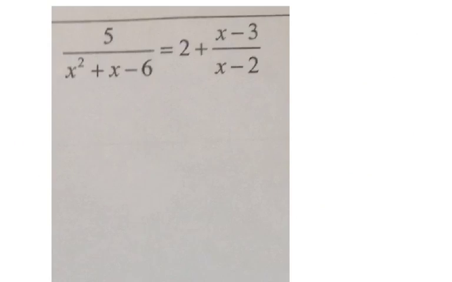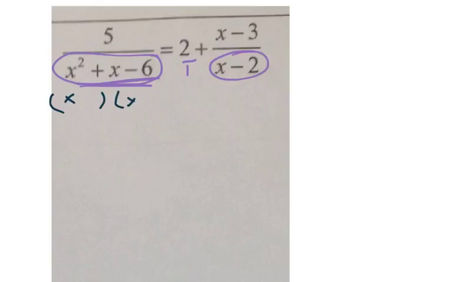Okay, so let's take a look at this problem. What makes this one different is, remember guys, we focus on the denominators. There's a denominator of 1 for the 2. And the first fraction, notice, can be factored. So we've got to factor that real quick. Here we go. I'm going to do x times x. 2 times 3 is 6, right? How do I get a plus 1?